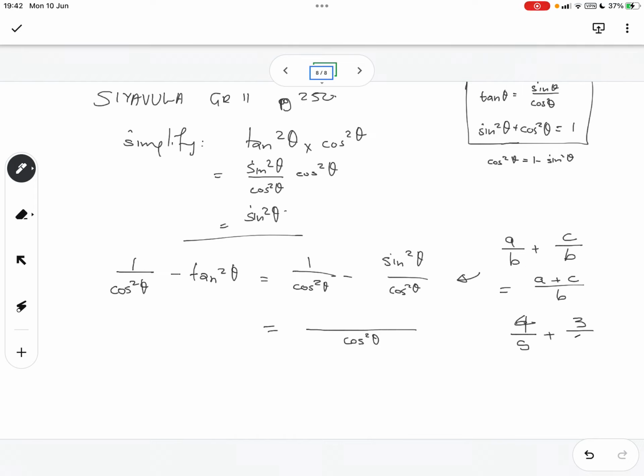So what happens when we have A over B plus C over B, it's the same as A plus C over B. We look for the lowest common multiple. So if we're adding 4 over 5 plus 3 over 4, then the lowest common multiple is the product of the two, which is 5 times 4, or 20, or if the one is divisible by the other, the largest of the two.